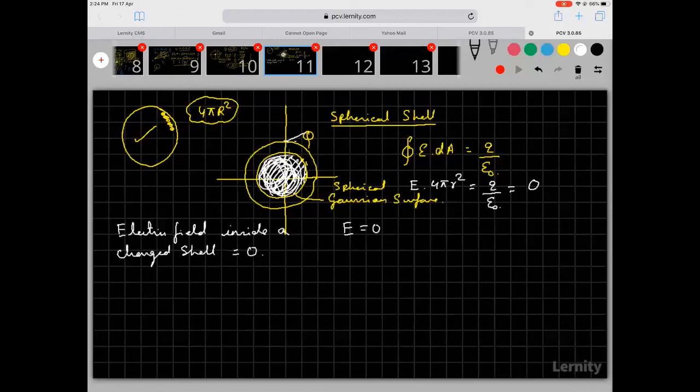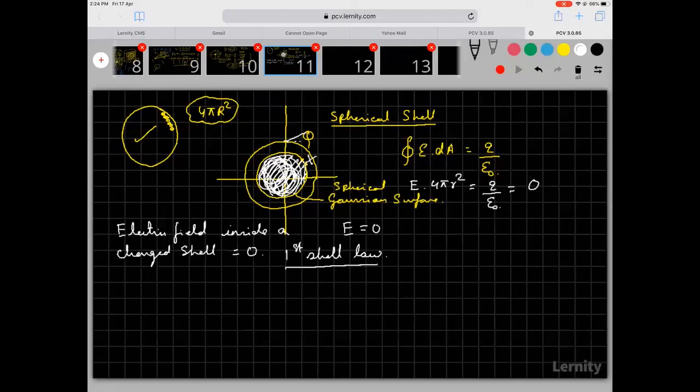So here we have a charged shell and the electric field is 0. Now this is what is referred to as the first shell law. What it means is only if a charge is present inside the Gaussian surface, it will impact the electric field. Any charge outside will not impact the electric field as far as the shell is concerned.